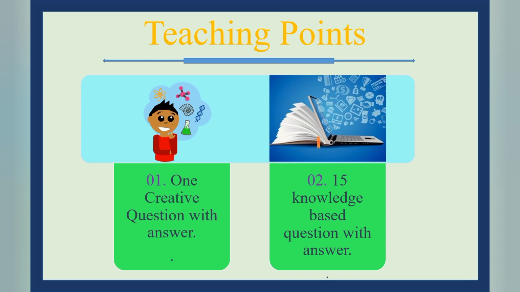So for your help, we generate another class to conduct one creative question with answer and 15 knowledge based questions with answers, to give you some ideas about the chapter, which things are very important and what you should have idea at least. Okay, so our today's topic is one creative question with answer and 15 knowledge based questions with answers.